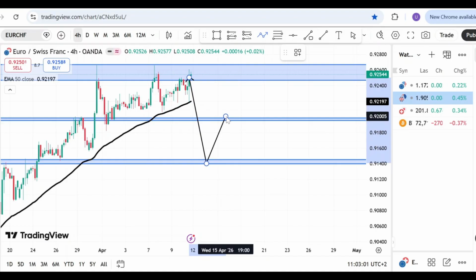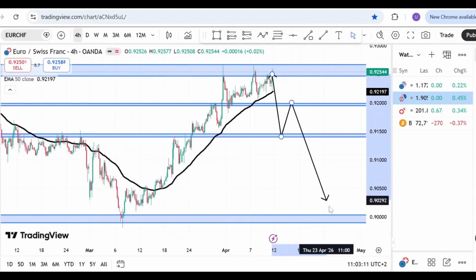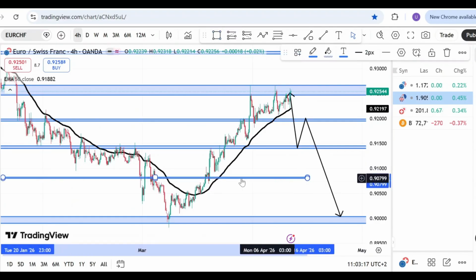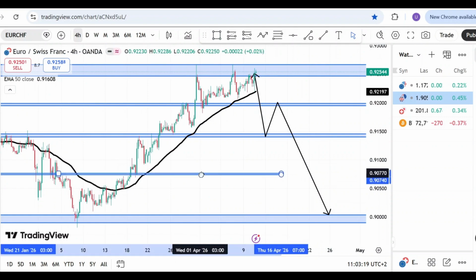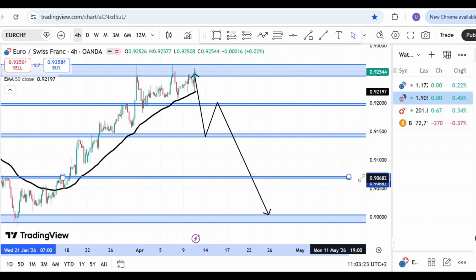After the test on this zone, you see that the EMA will also be retested to create the lower high, and we automatically enter for a sell like this.